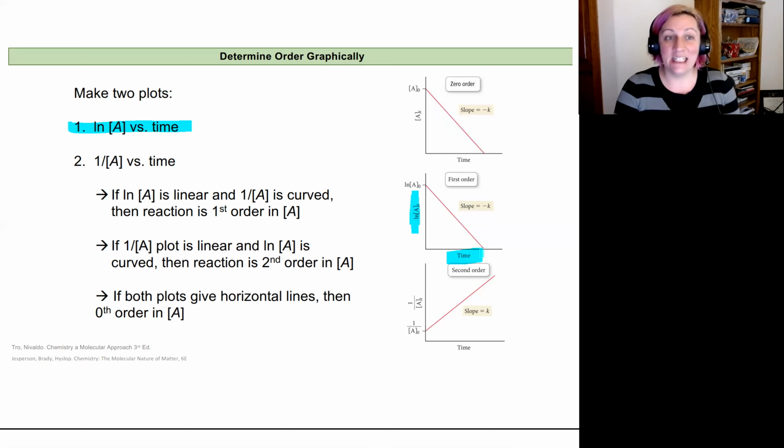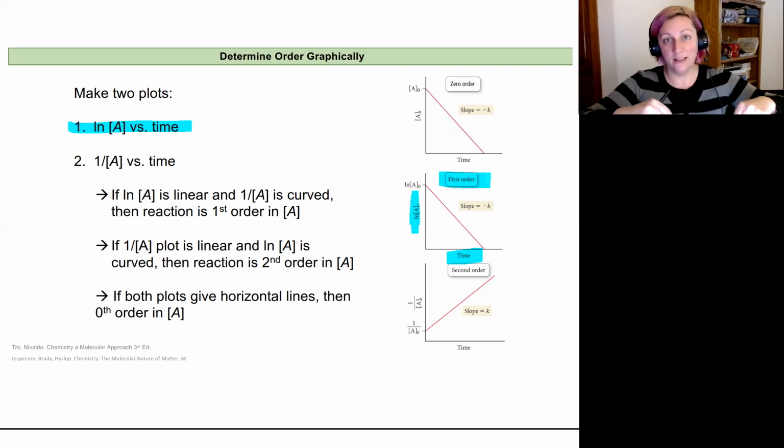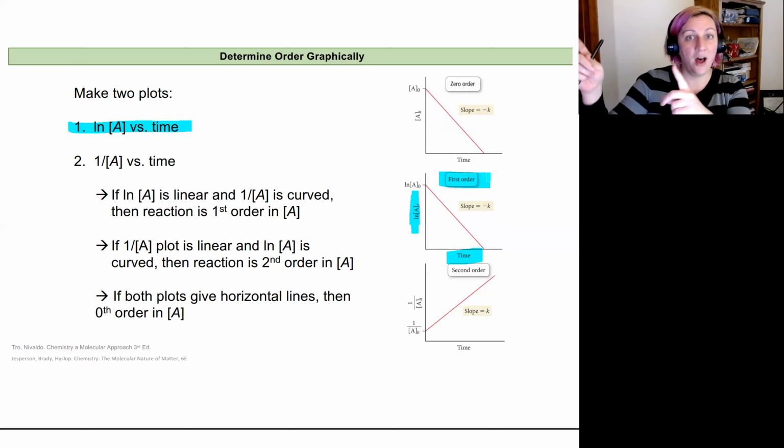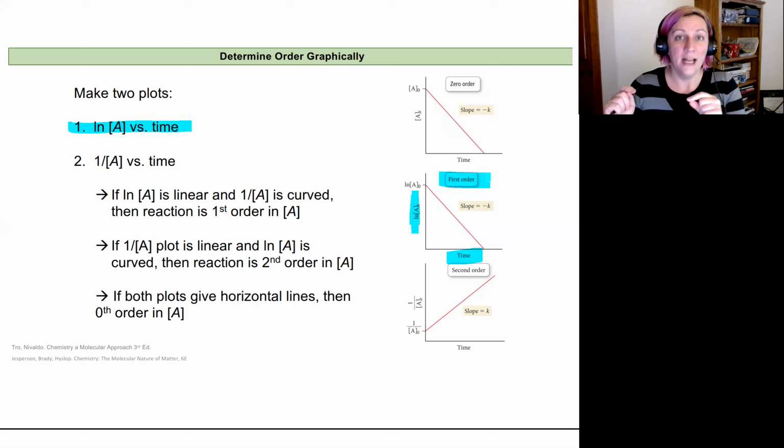If I get a linear relationship between the natural log of A and time, then I have a first order reaction. So just like doing a quick select in Excel and plot, I can say, okay, I'm pretty sure my overall order is first order. And that can really help you analyze the rest of your data with confidence. And it's kind of a secondary way of looking at order.